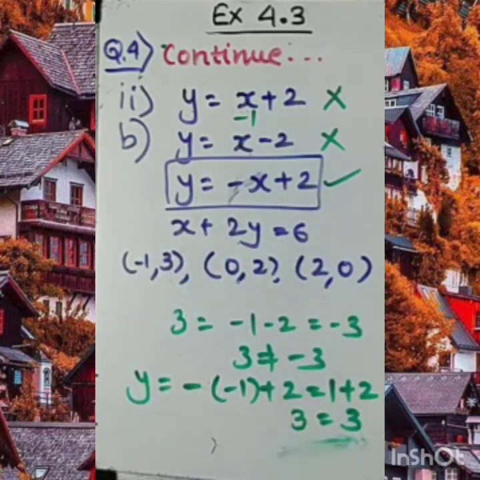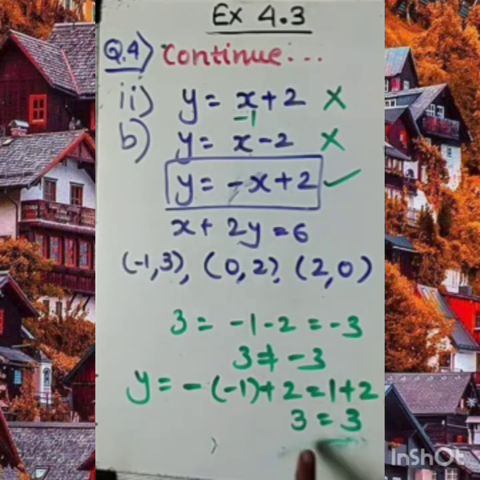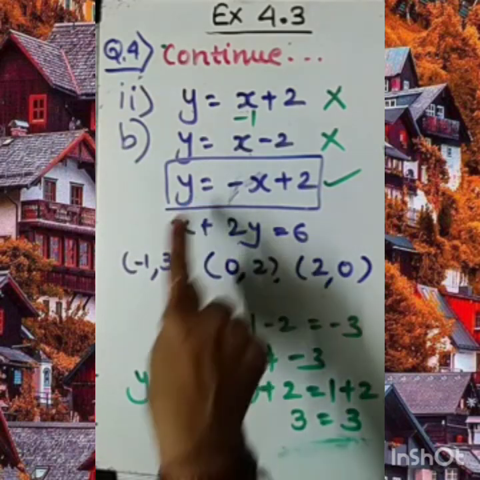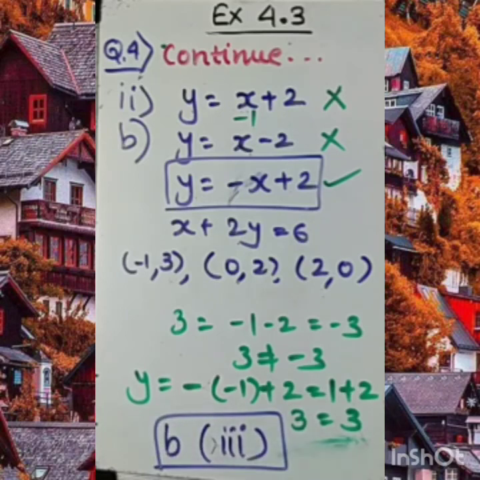Like that you have to come to the conclusion. The third equation satisfies both the sides. Okay. So the correct answer is B, and it's a third part. This is B and it's a third part according to the question. That is correct. So here is the completion of question number 4.